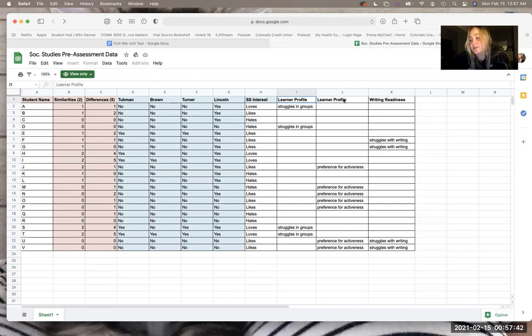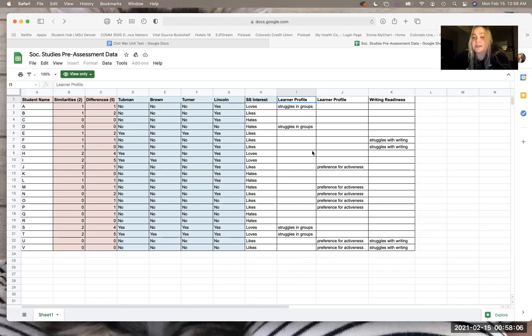As well as the learner profiles, this kind of goes into the other question as well. It says, how does this information within the learner profiles help you plan for this unit? I also could plan differentiation knowing about the learner profiles. So there's a few who struggle in groups, and there's a lot who have a preference for activeness.